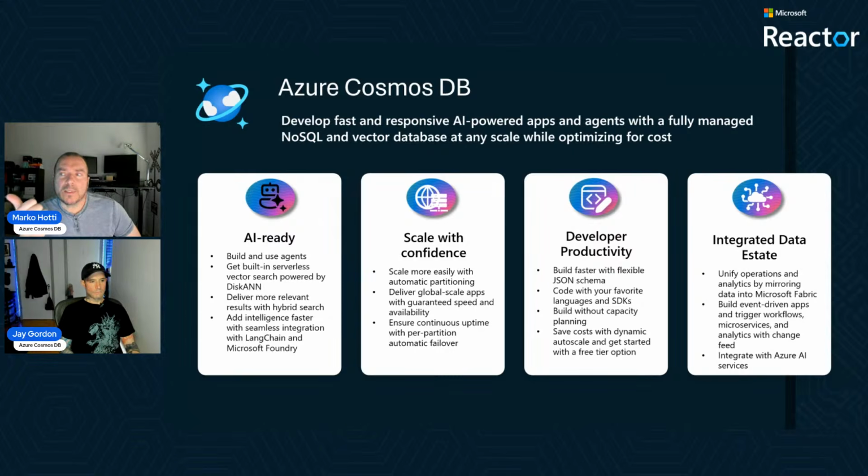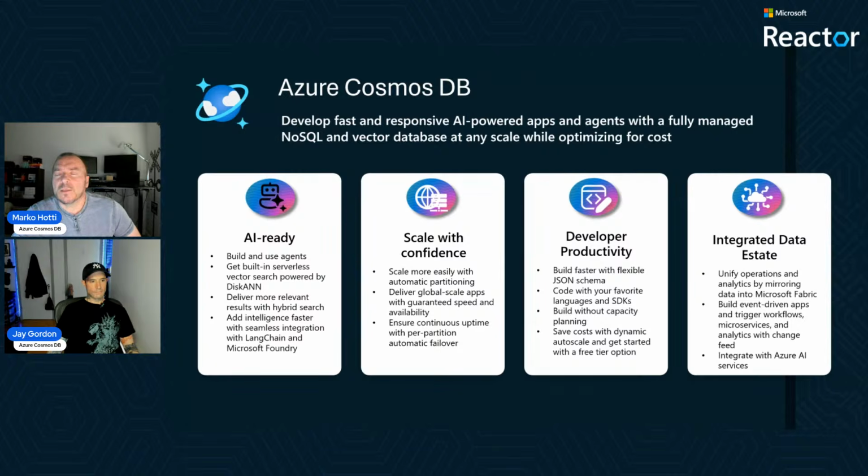And one of the biggest things as well is that you don't have to manage capacity at all. Everything is taken care of for you. You can use serverless and autoscale to manage capacity. So you really can move fast, iterate quickly, and focus on building features, not infrastructure.